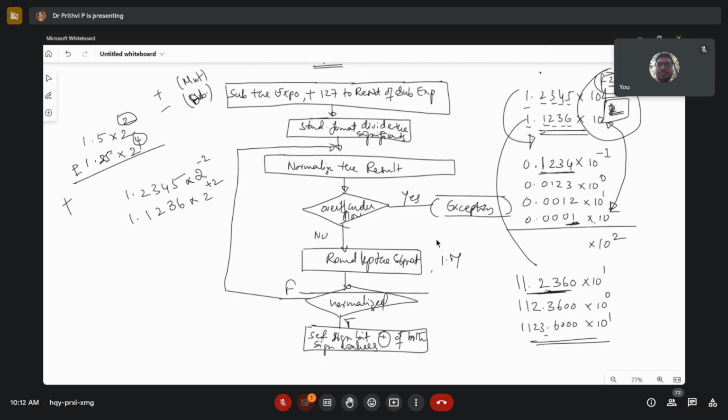So what can be the steps here? Are we expecting many huge complex steps? It's not so complex like in your multiplication or division.